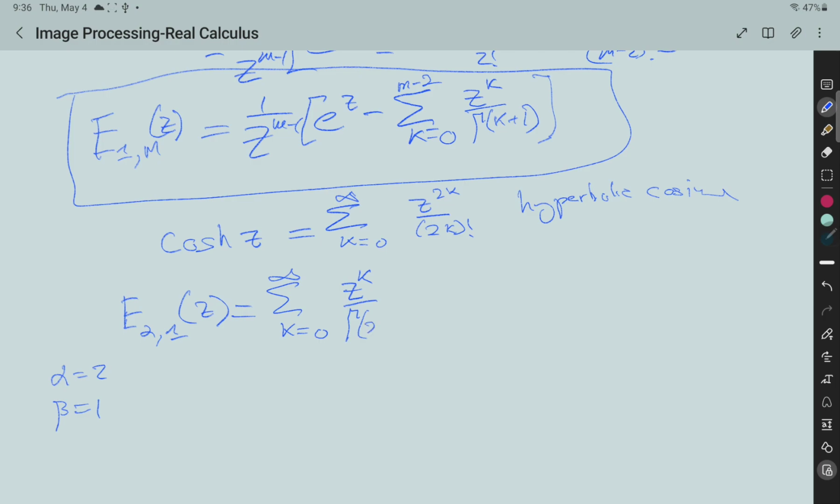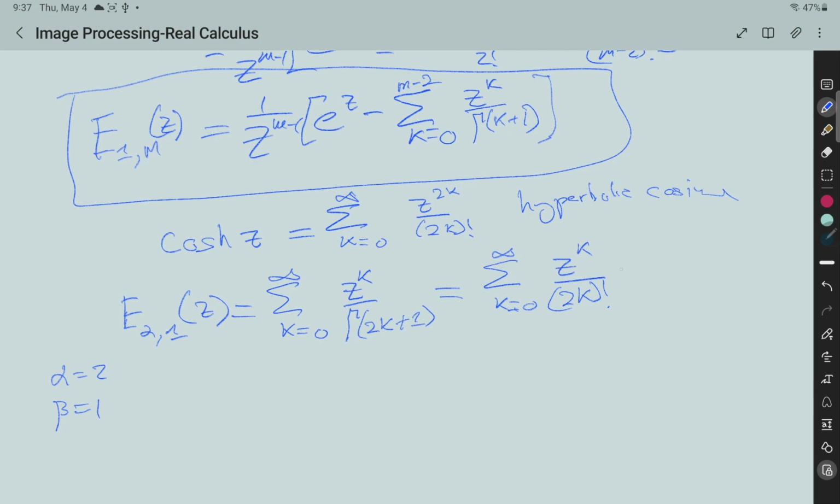Alpha is 2, so 2k plus 1. So the denominator is going to be 2k factorial. You see the power in the numerator is k, so we need a factor of 2 here.